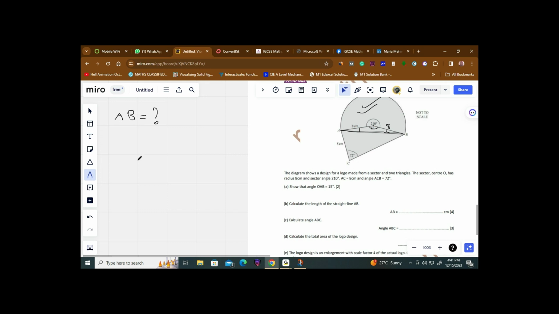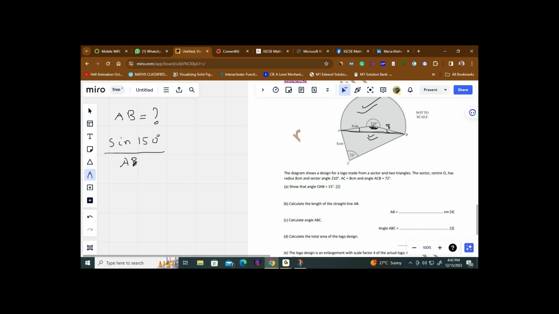So sine of 150 degrees. The side right opposite to this angle is AB. So this is my AB.